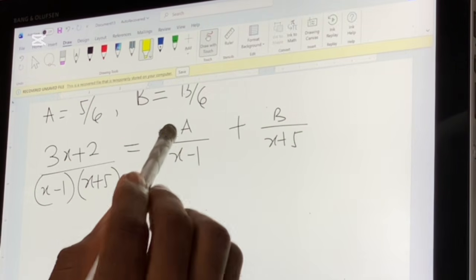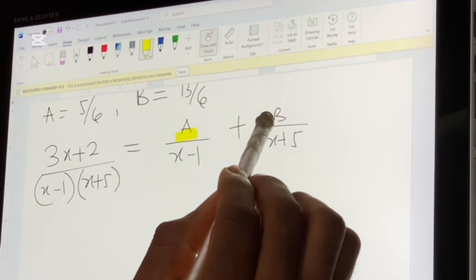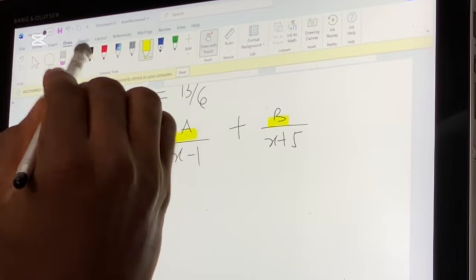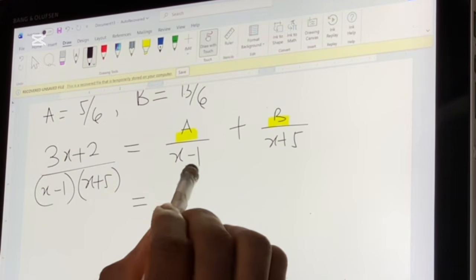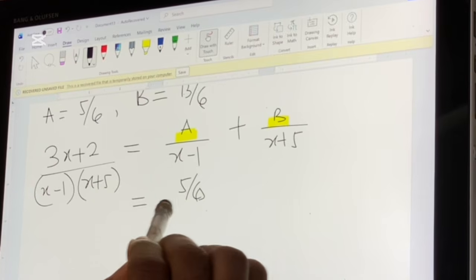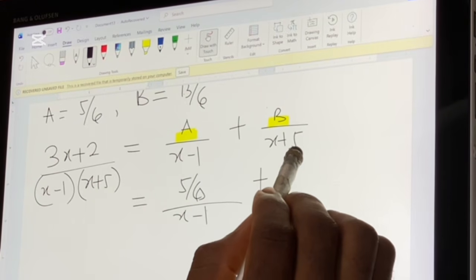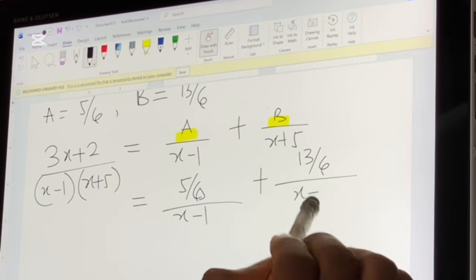So anywhere I see A here, I will replace that as 5 over 6. Anywhere I see B here, I will replace that as 13 over 6. So when you do that, we have this to be (5 over 6) over (s minus 1) plus (13 over 6) over (s plus 5).